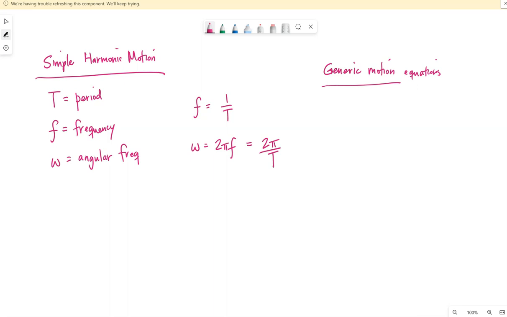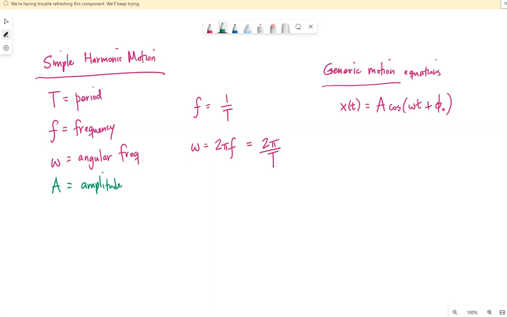Our author chooses to write the generic equation this way. So again, A is amplitude. I guess I can add that to our list on the left.